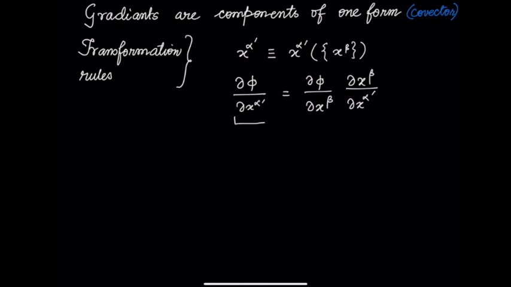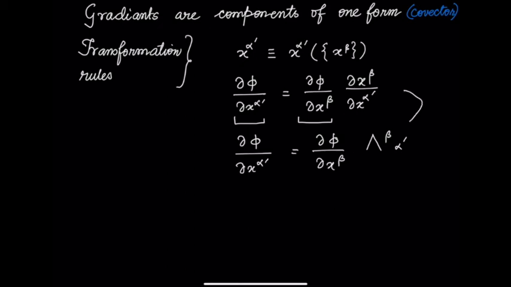These are components of a one form. How are they supposed to transform? That we have worked out earlier. They're supposed to transform the following way, with a lambda, beta here, alpha prime here. So what is it telling you? It's identifying these two.